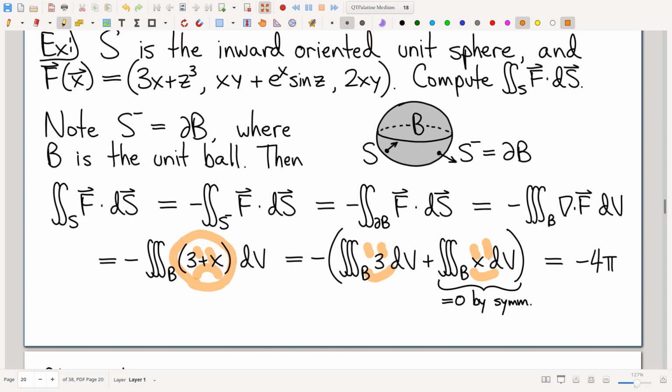This one, because it's a constant, factors out, a volume argument, right? High school geometry, super easy. And this one, because it's odd symmetric, you can make an odd symmetry argument, this integral is 0 by symmetry. So it wouldn't have been that bad to do it by spherical coordinates, but it's way better to make this little observation. Right? So heads up, be on the lookout for this kind of thing.